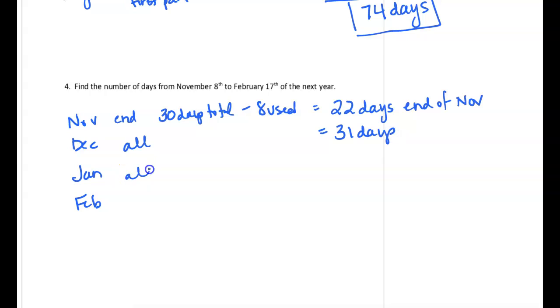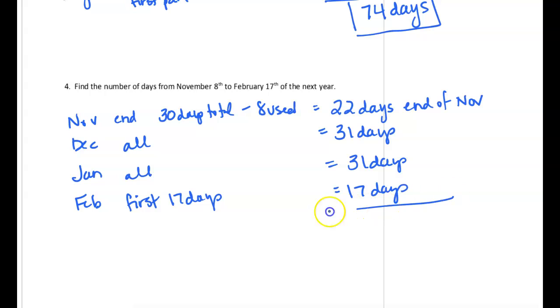In January, we're going to use all 31 days. And in February, we're only going to use the beginning of the month, the first 17 days. Putting all of those together, I get 101 days.